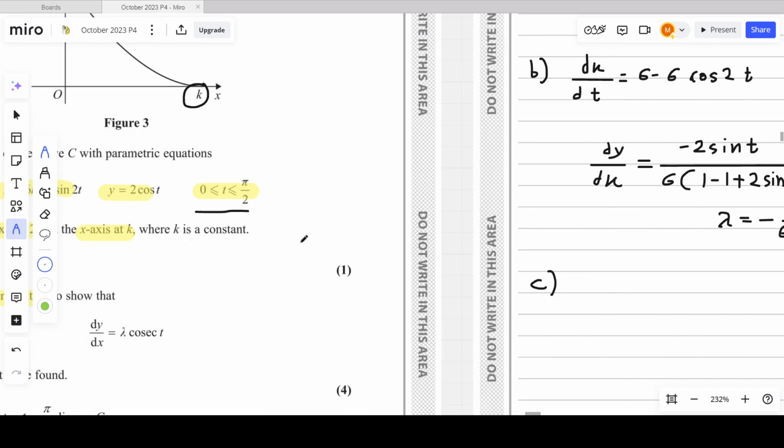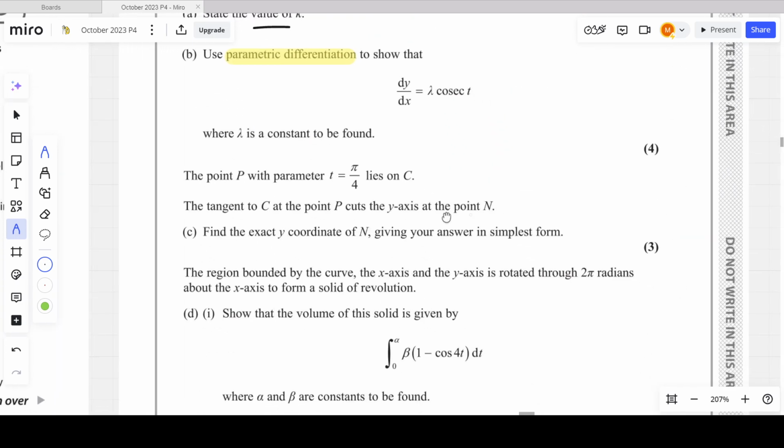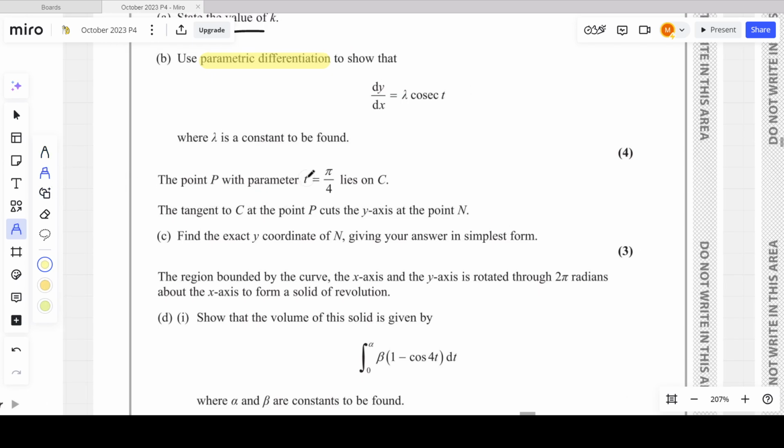Okay. So in part C, they said the point P with parameter t equals pi over 4 lies on C. So the parameter for t is given.